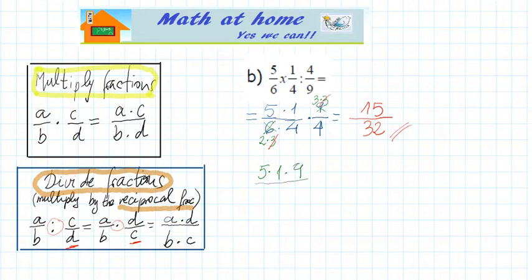This is 9, right? Divided by 6 times 4 times 4. Okay, which is the same as this. And now we multiply and we say 45 over 96, because 6 times 16 is 96.